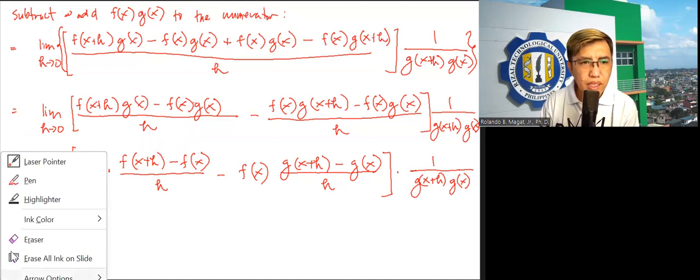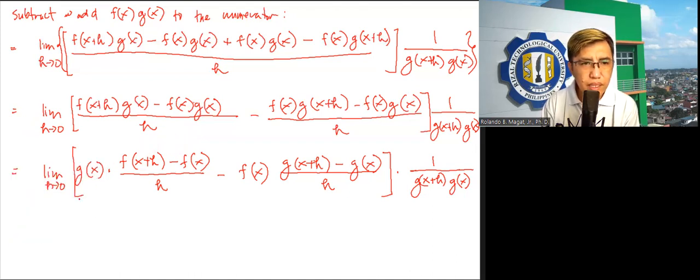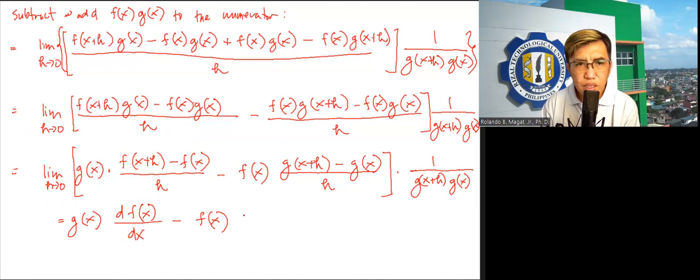So, kapag ginamitan natin yan at sinimplify natin, notice na meron lang tayong g of x na matitira diyan. At ito ay yung limit that is d of f of x all over dx, minus f of x, ganun din ito magiging d of g of x. Shortcut na to ha.